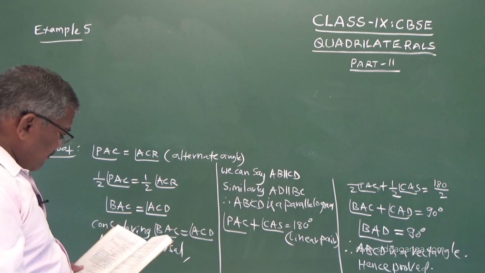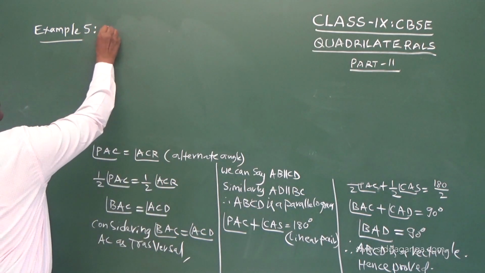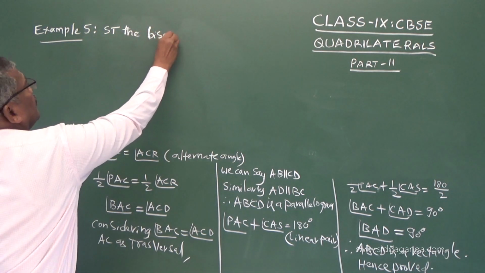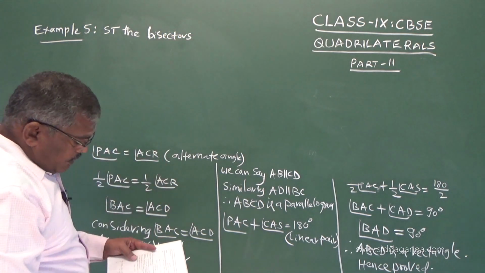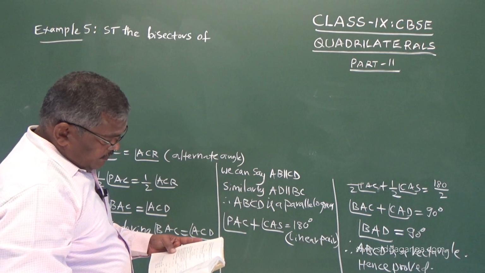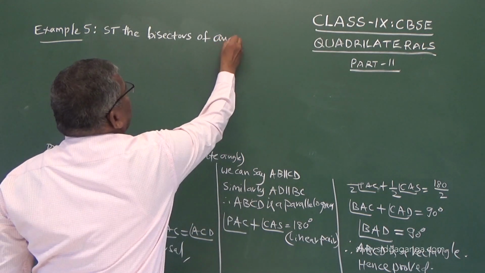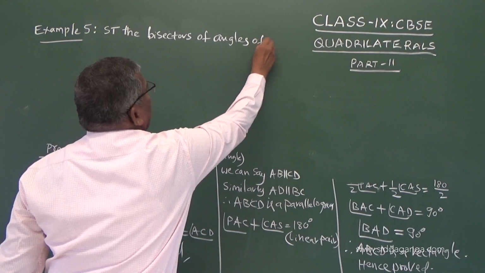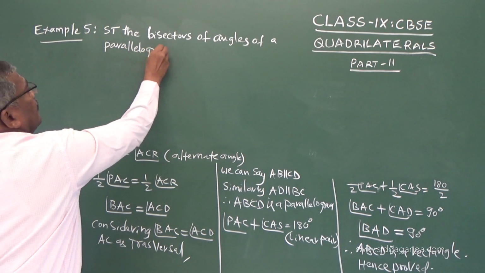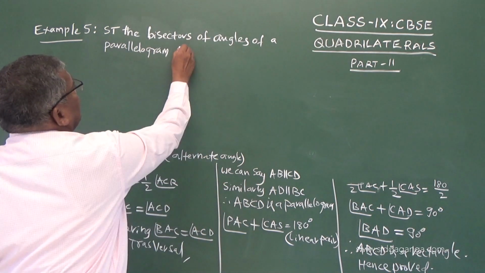Show that the bisectors of angles of a parallelogram form a rectangle.